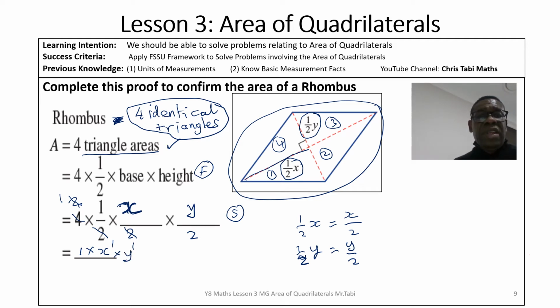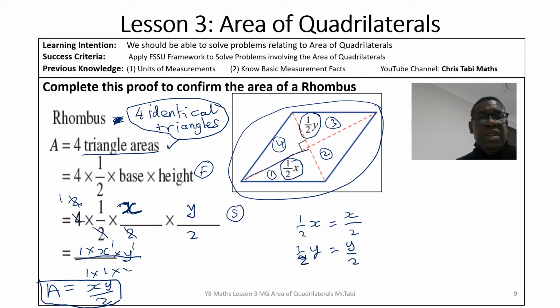That's what we have for the numerator, and the denominator we have 1 times 2. So this gives us xy over 2. That's the area of the rhombus.